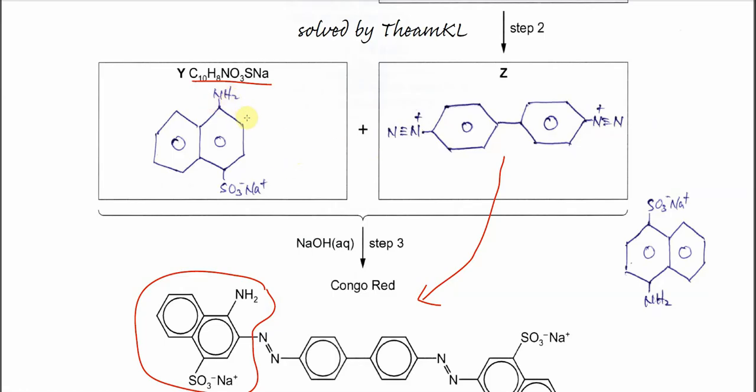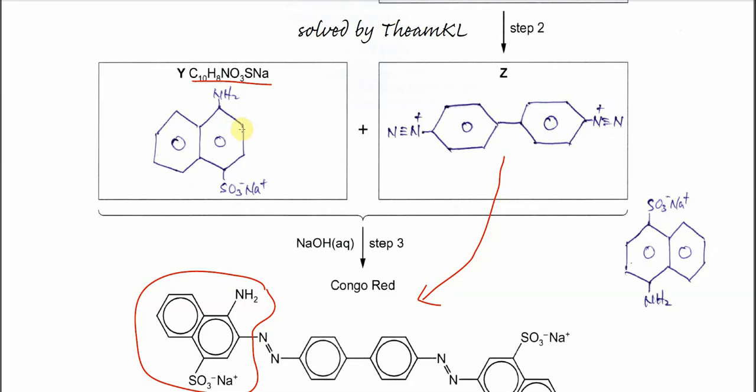So this one is the phenylamine. We know that in phenylamine, this is an electron donating group, so it will direct to the 2, 4, 6 positions. It is like electrophilic substitution, and it has no choice, so it must use this position.